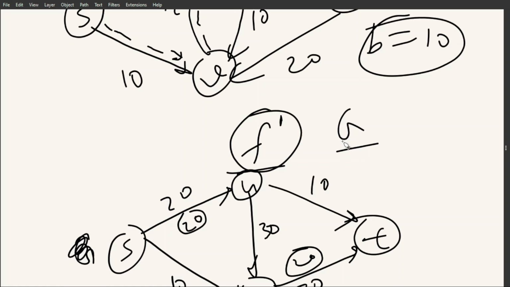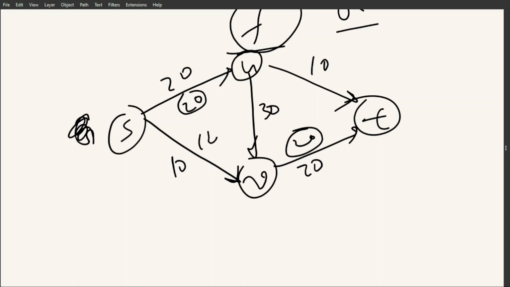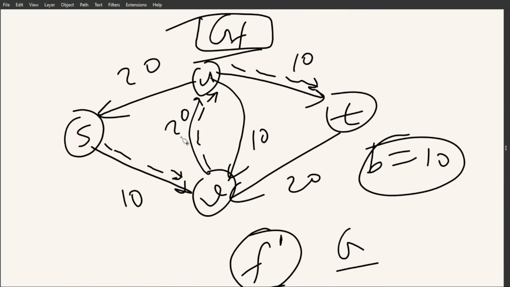The residual graph also will change, but first define the flow F prime, then calculate GF prime. Stepwise we are doing. So the flow we are defining. Here it says increase the flow by 10. So just increase 10. Next we have a backward edge. Backward edge, its weight is 20.